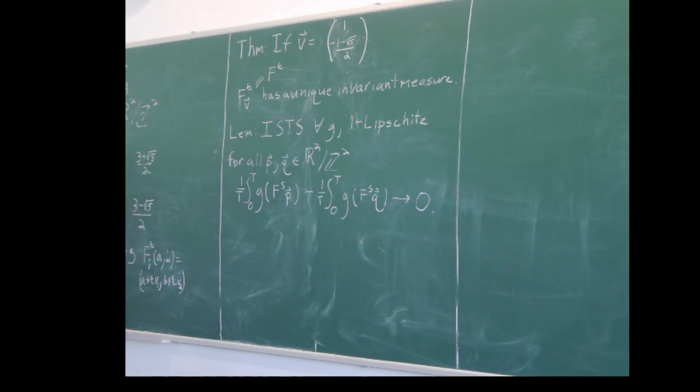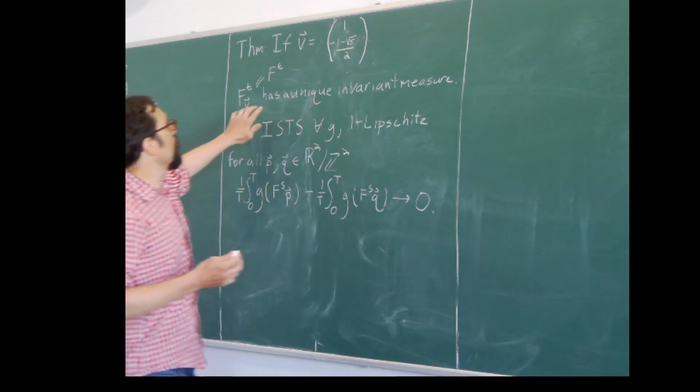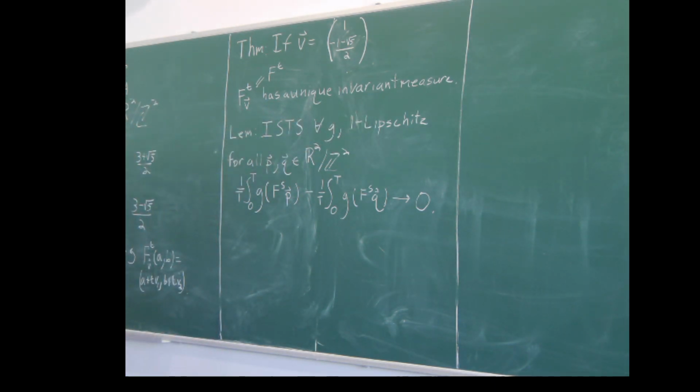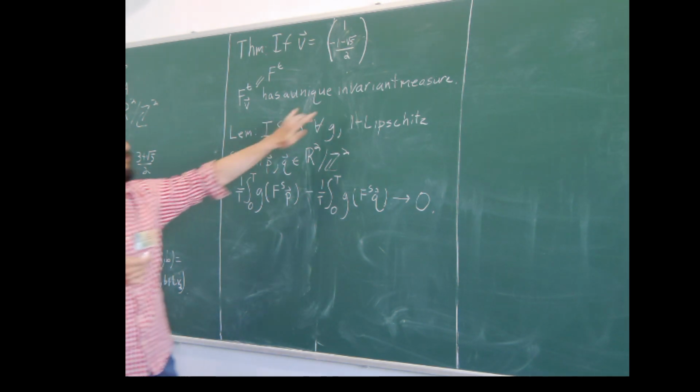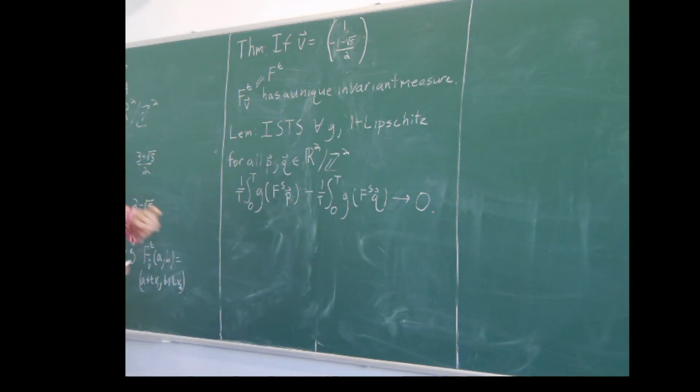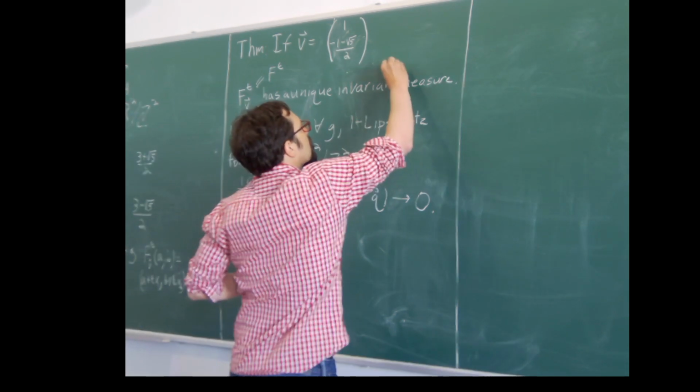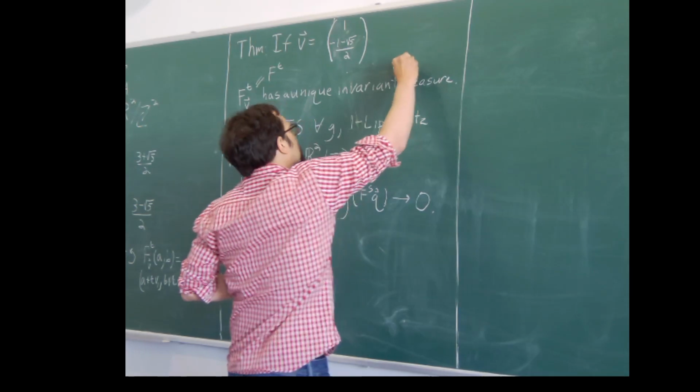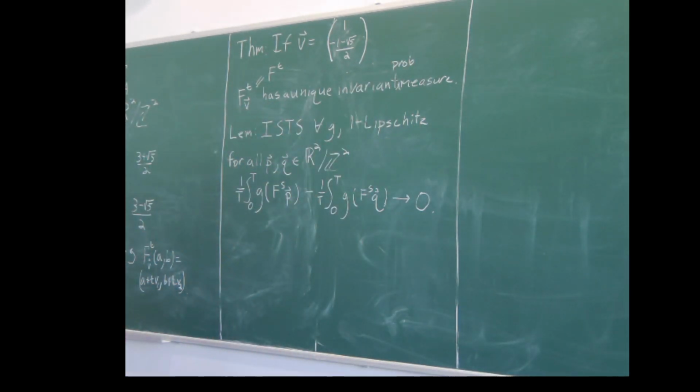Let's just briefly recall. If you had more than one invariant measure, because the ergodic measures are the extremal points of the invariant measures, if you have more than one invariant probability measure, and all my measures are Borel, then you have more than one ergodic measure.